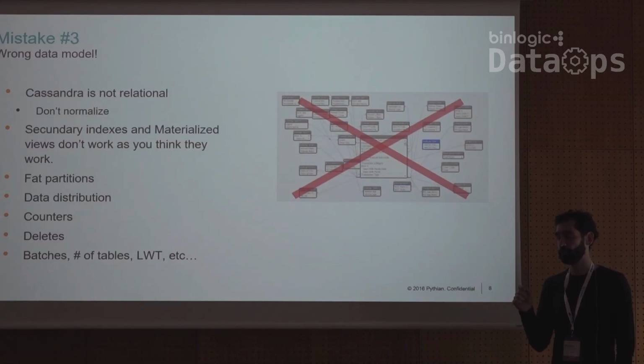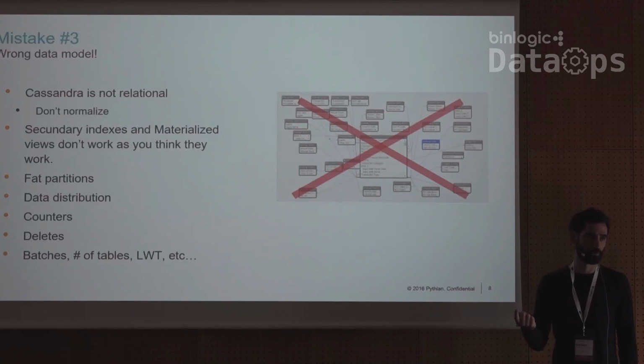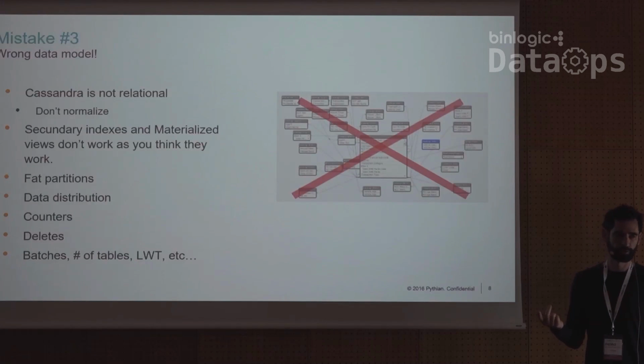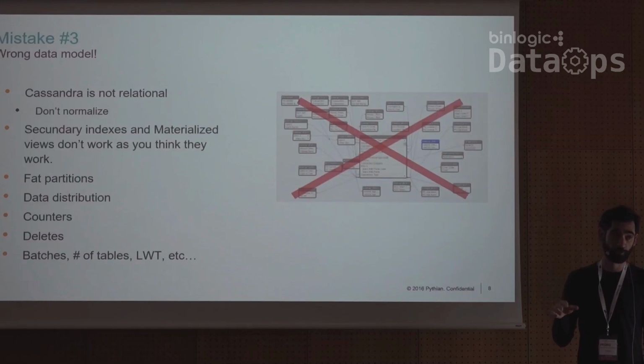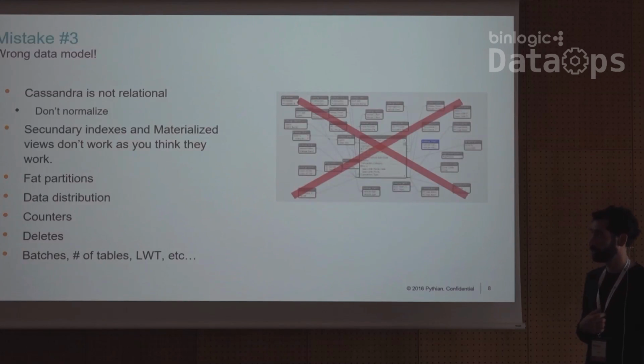For example, if I write using consistency level 1, I only require one node of the entire cluster to acknowledge my write for me to consider the write to be successful. But this isn't usually the way you want to go, and a good rule of thumb is to use consistency level quorum for reads and writes. Or if you're using multiple data centers, use local quorum, because you don't want to wait for a node in another data center to reply, and that would take a lot of time.